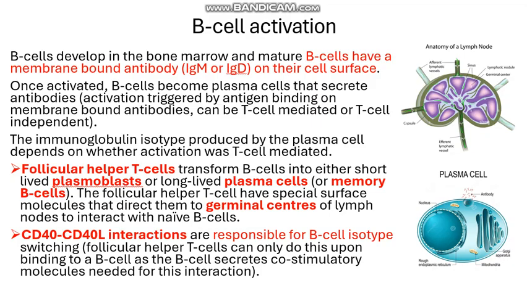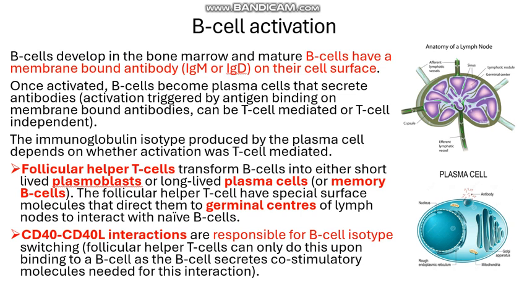So B cells develop in the bone marrow after they've differentiated from these lymphoid stem cells. Mature B cells then have a membrane-bound antibody on their cell surface. Mature here means they've finished developing, but they've not finished their maturation process to become plasma cells.